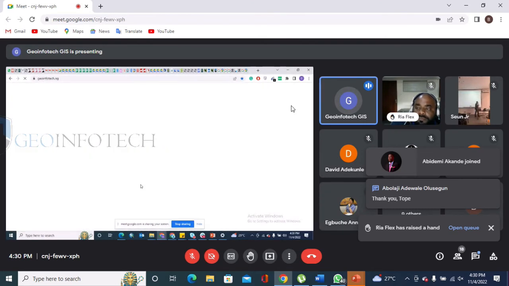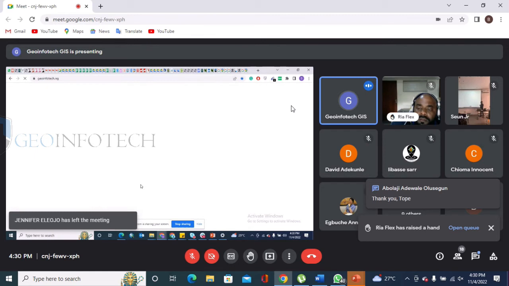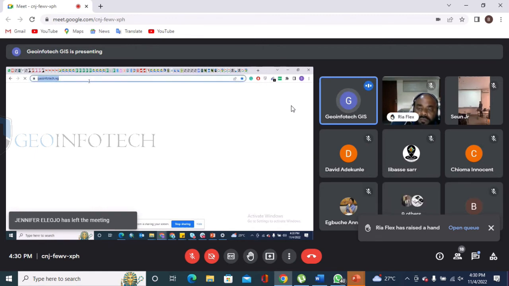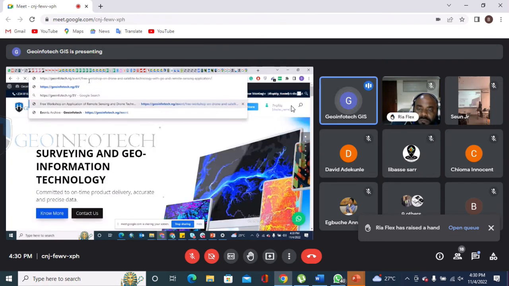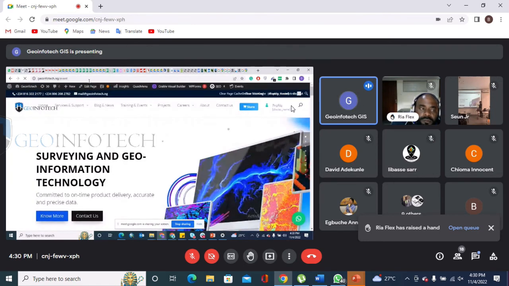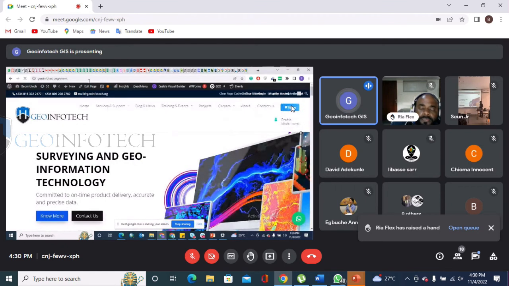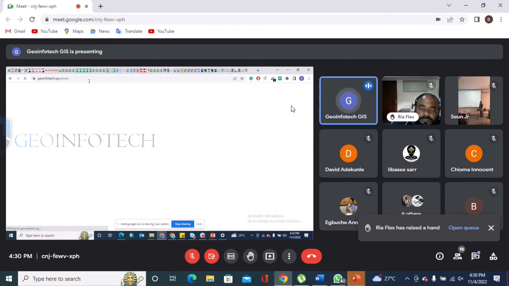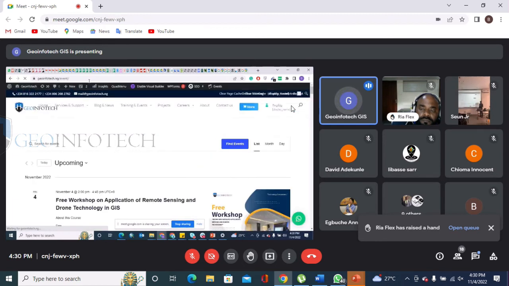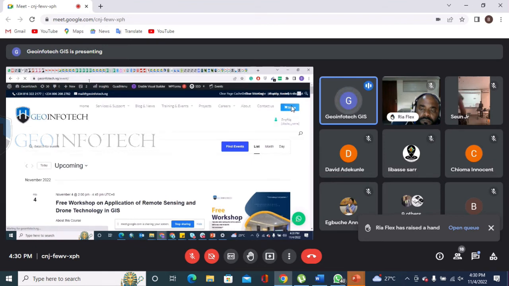Once you go to the Geoinfotech website, just click on /events. Once you click /events, you will see all the trainings coming up for this month, for next month, for this week, for next week. So we make this workshop available once in a while as a way of giving back to people, and it is also an opportunity for us to tell you that today is our 50th anniversary.